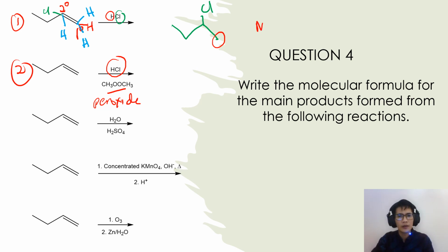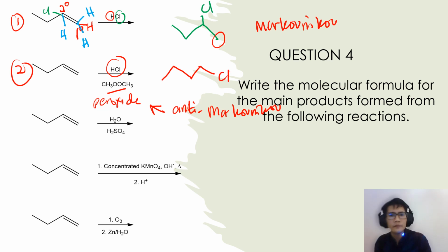This one is the Markovnikov, but the presence of the peroxide will cause the reaction to follow the anti-Markovnikov. Therefore, the Cl will be added to the last carbon, or the first carbon.